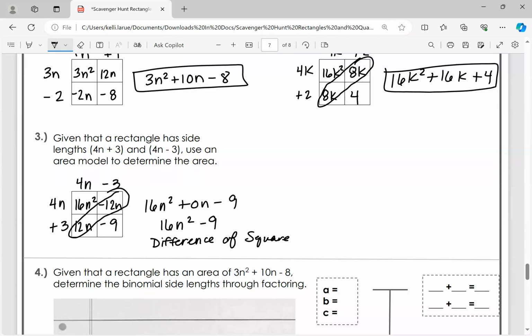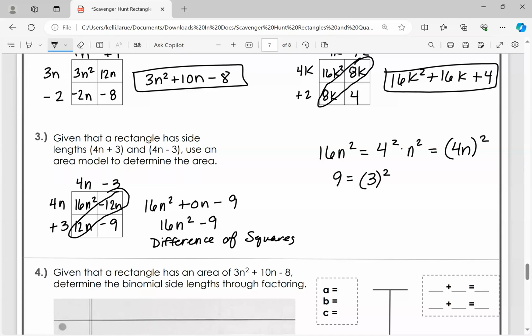And the reason it's called that is because we have a perfect square minus another perfect square. And let's talk more about this over to the right. We have 16n squared, which is the same thing as 4 squared times n squared, and honestly that is 4n squared. And we know that 9 is the same thing as 3 squared.